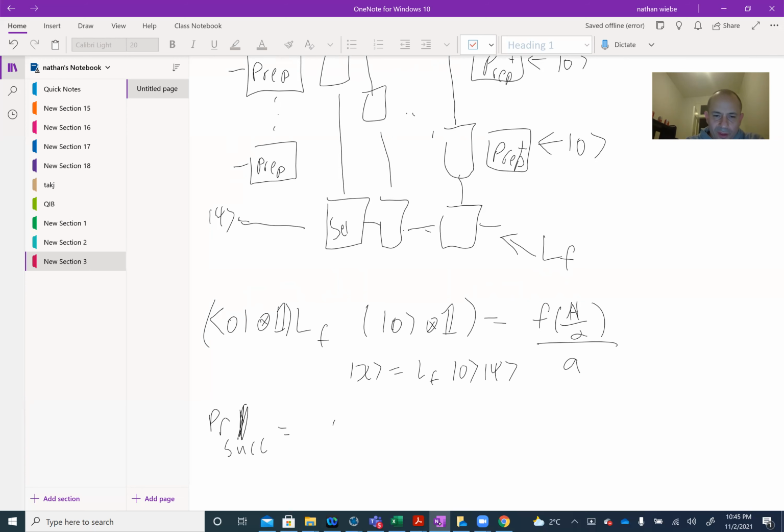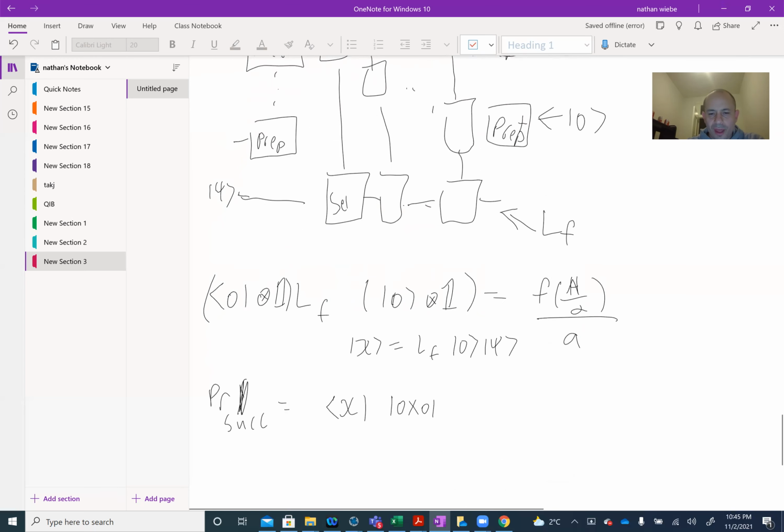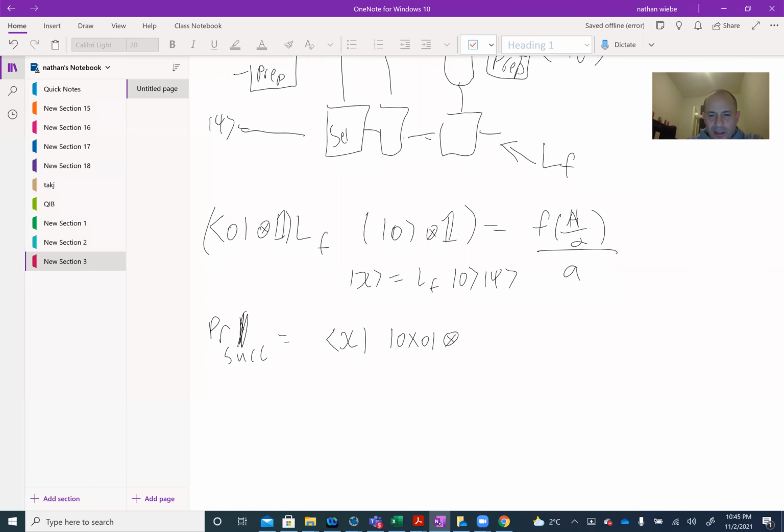So our probability of success is just the expectation of a projector onto 0 for all of those registers at the top, tensor identity on the state, because we're not measuring the state, so we don't care about its value. And the expectation value of this projector in the state chi.